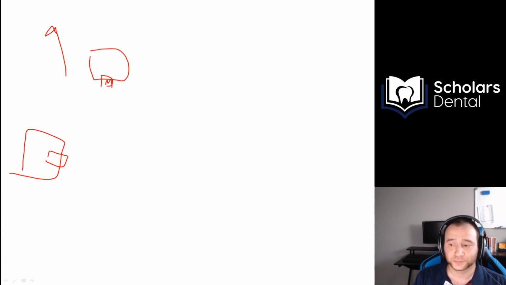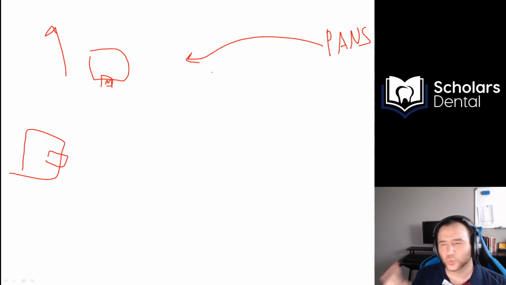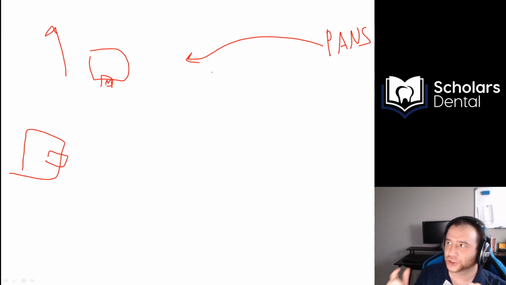That's all. However, all the glands are stimulated by the parasympathetic nervous system. But there's one gland that we actually don't want to be stimulated by the parasympathetic nervous system. Can you think of it? Which gland do we actually want to work during the sympathetic nervous system?